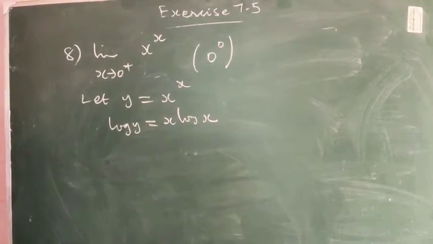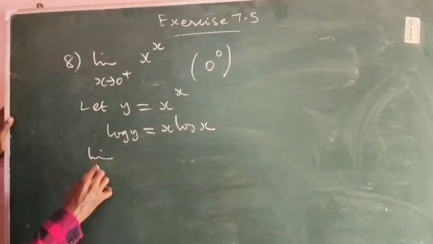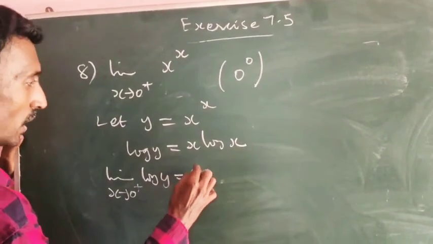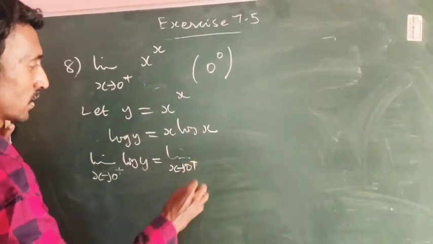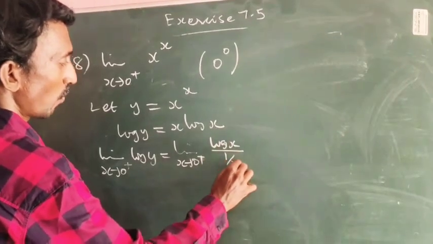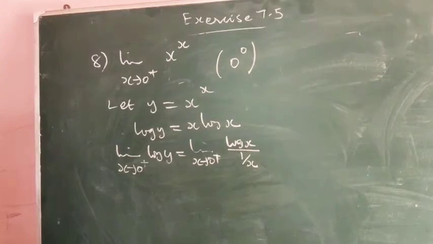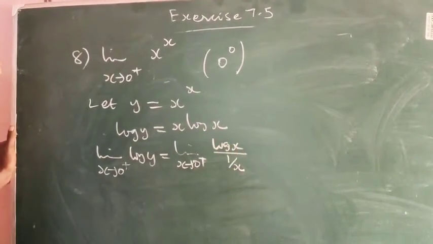So instead of finding the limit of the original function, we are going to find limit x tends to 0 plus of log y, which equals limit x tends to 0 plus of x log x. So we are writing it in the form f of x by g of x: x log x can be written as log x by 1 by x.